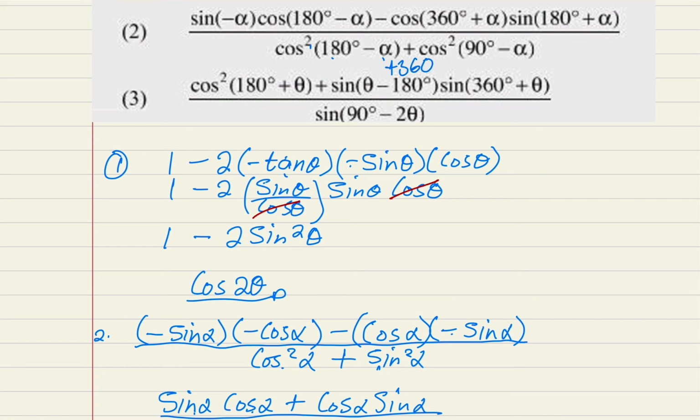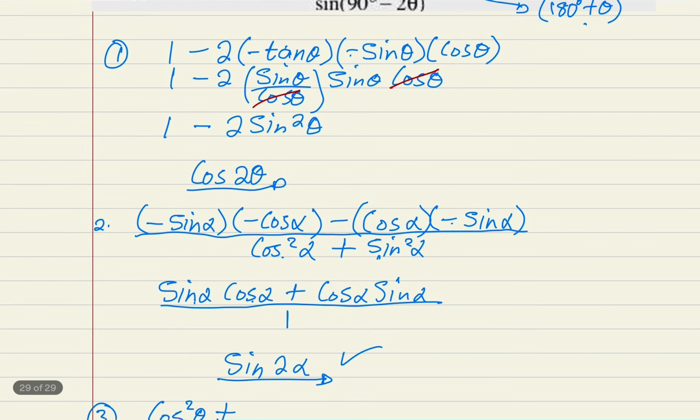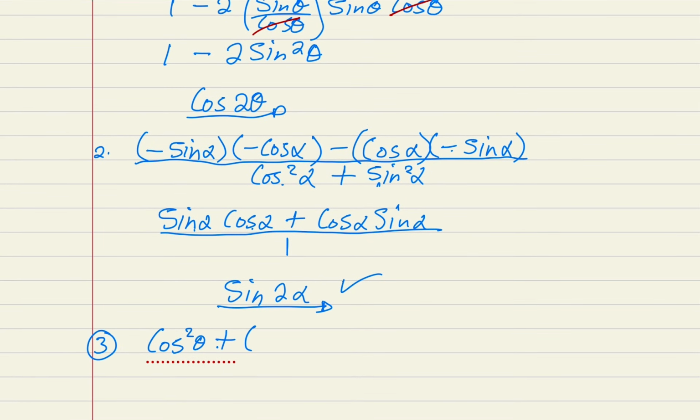Adding 360 will allow that one to change to be 180 degrees plus an angle. This is the third quadrant, and sine is negative, so the answer there will be negative sine of an angle.